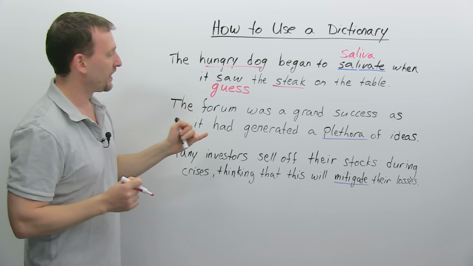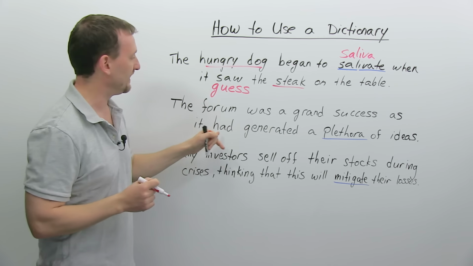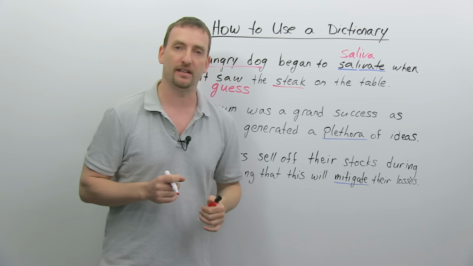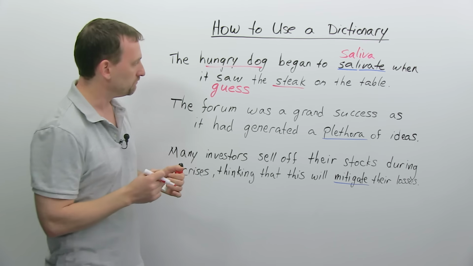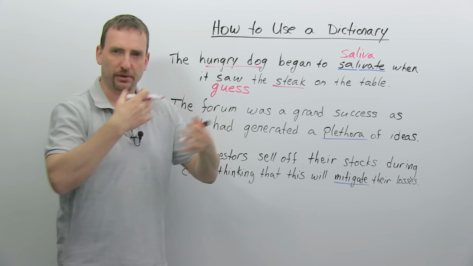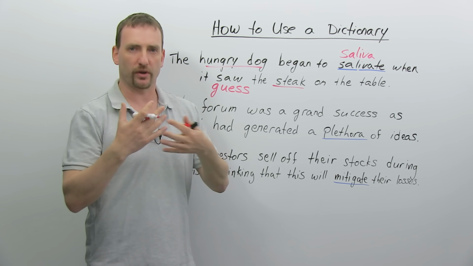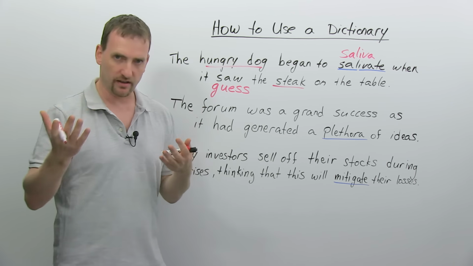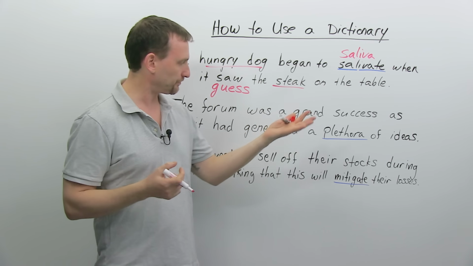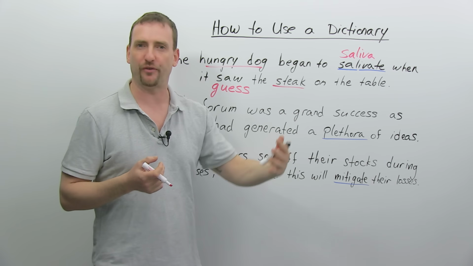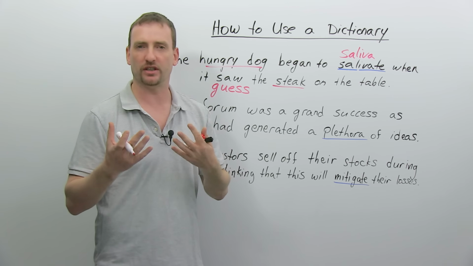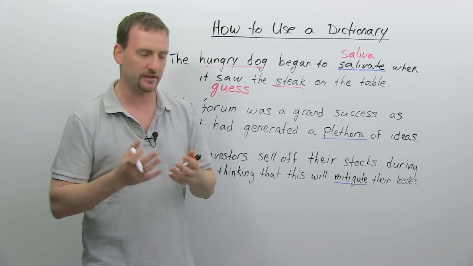The forum was a grand success as it had generated a plethora of ideas. Now, you have a forum. A forum is a place where people exchange ideas or where they have discussions. On the internet, there are plenty of forums. At engvid.com, there's a forum where you can ask questions and teachers help and other students help.